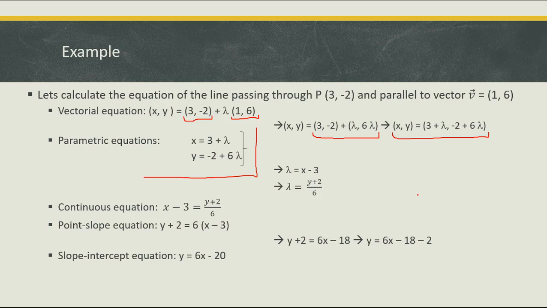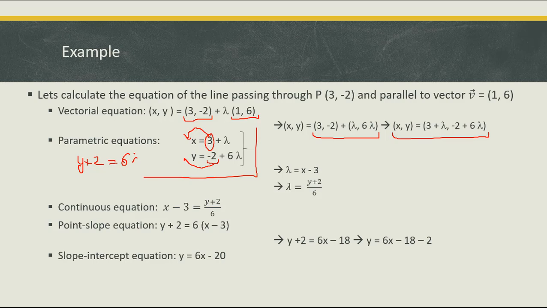But if I want to continue calculating the other equations, I have to solve for lambda in both equations. In the first equation, this 3 here is adding, so I send it to the other side subtracting: lambda equals x minus 3. In the second, this minus 2 here is subtracting, so I send it to the other side adding: y plus 2 equals 6 lambda.